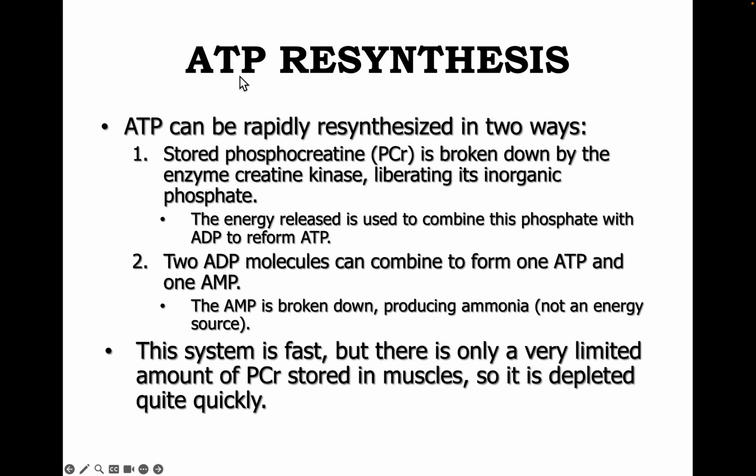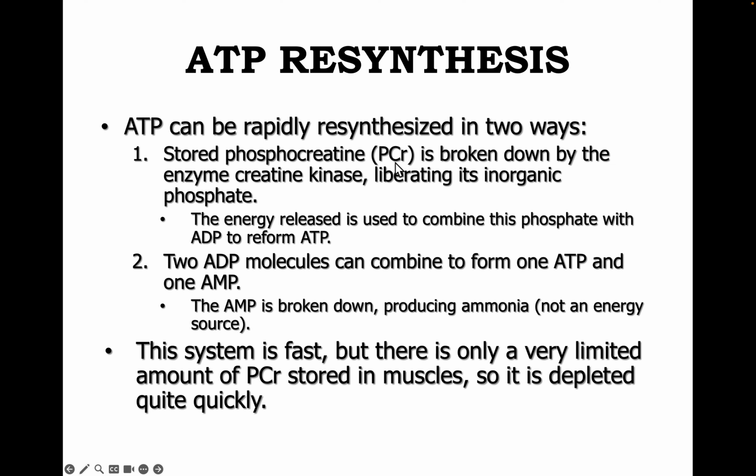As it showed in the previous slides, this slide explains in words what we just showed. So ATP can be rapidly resynthesized in 2 ways. If I need ATP very quickly, we can recreate it in 2 ways.